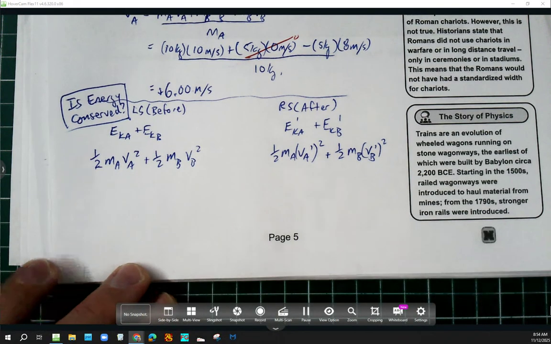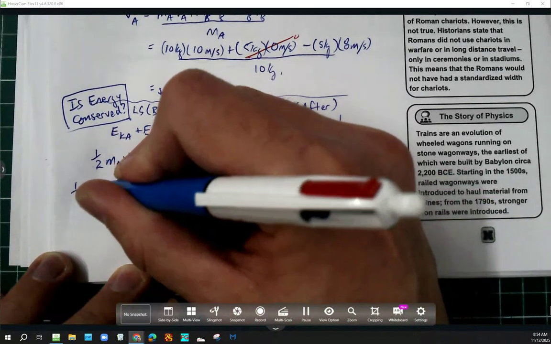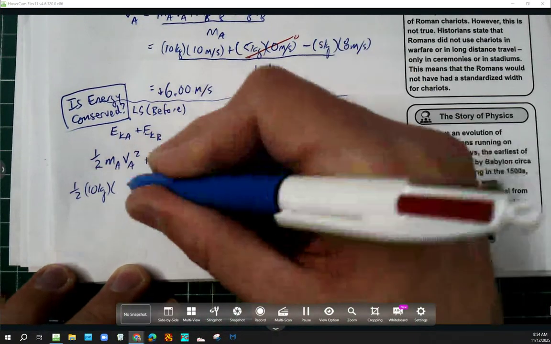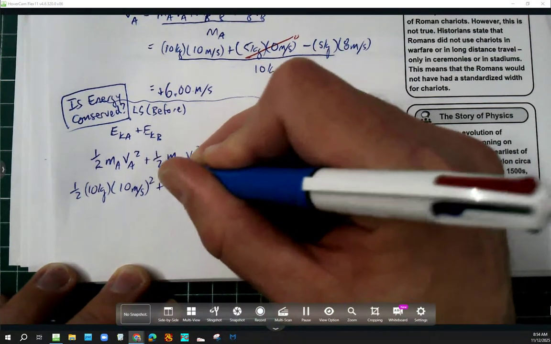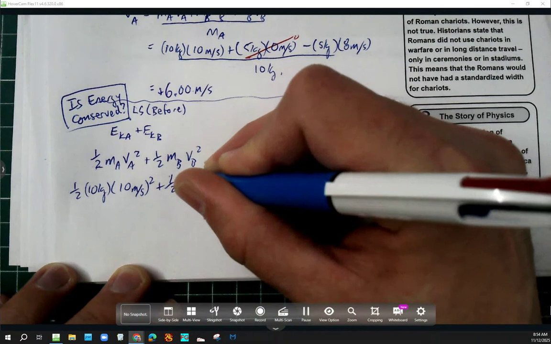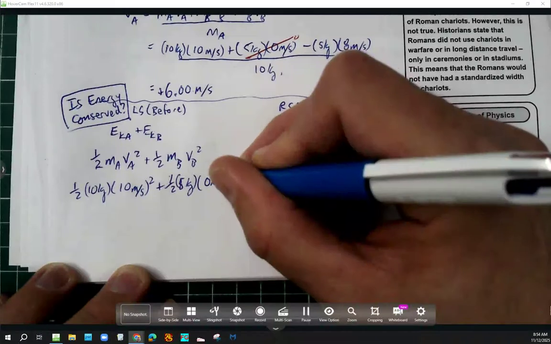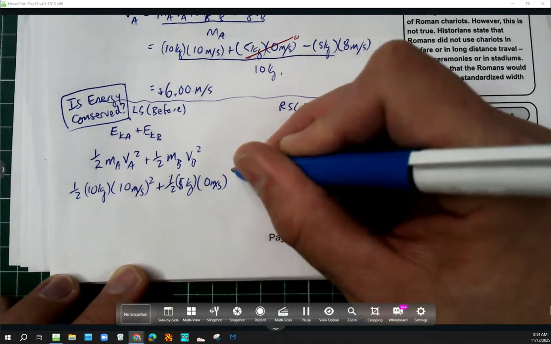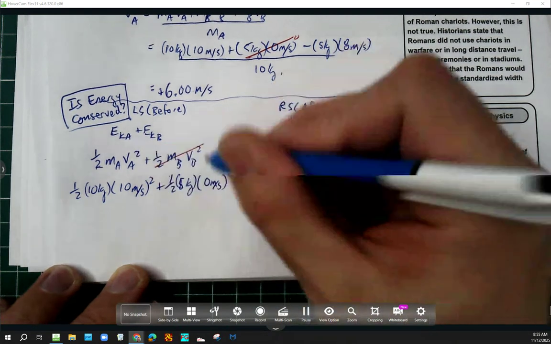All right, so I'm ready to sub in all my values. Let's do that. Of course, since car B was starting from rest, that term zeroes out.